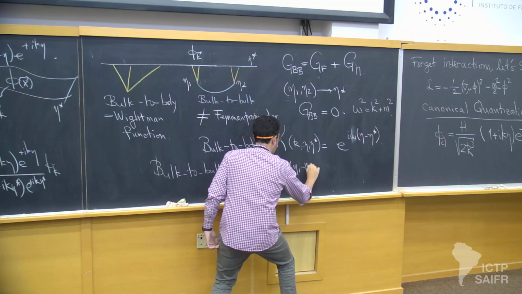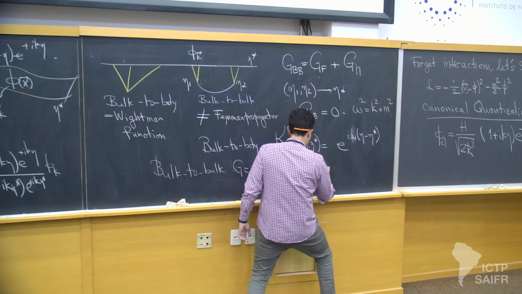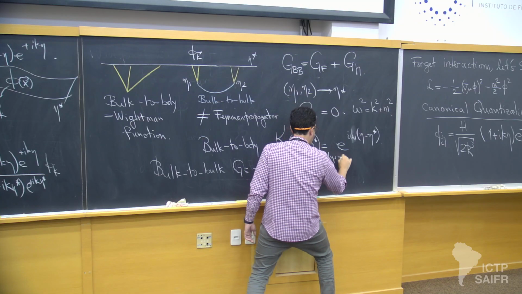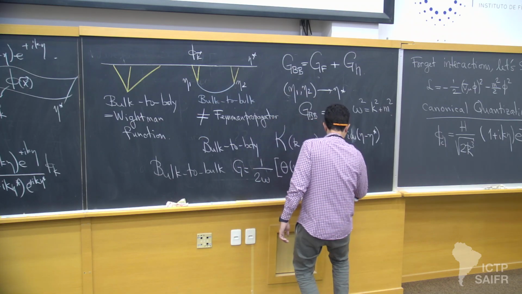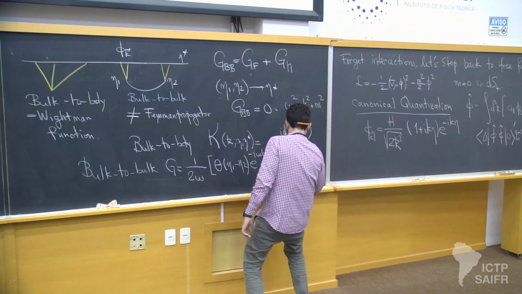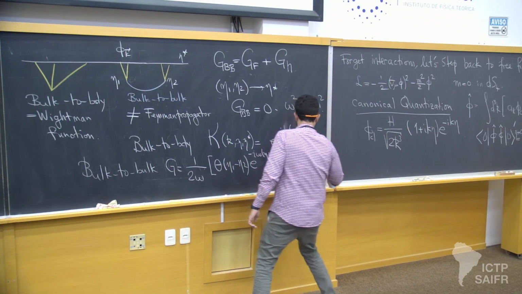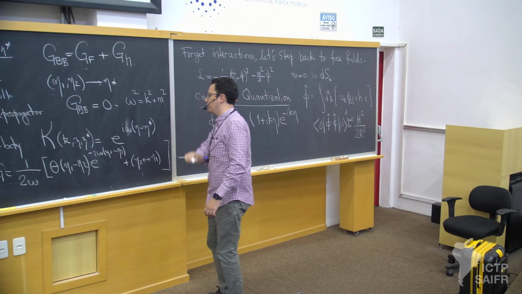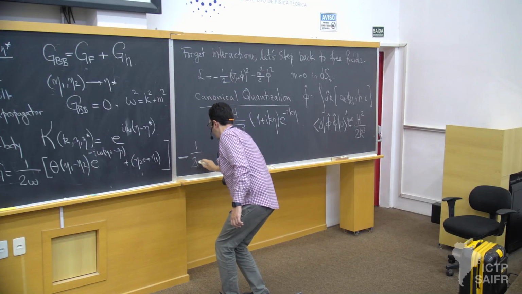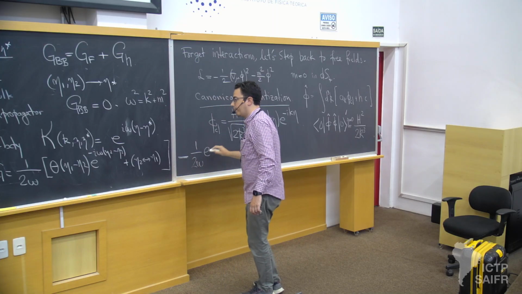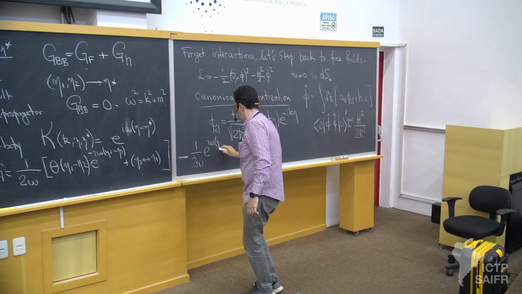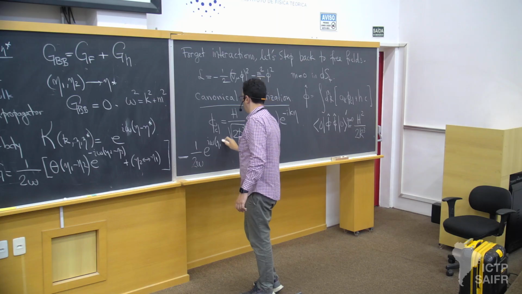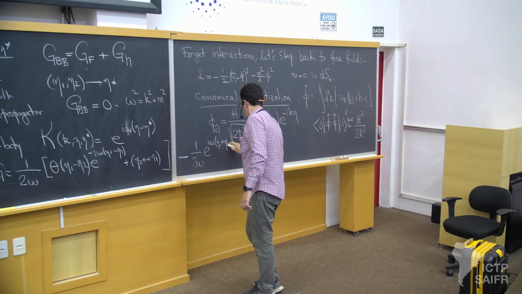This is what you learned from quantum field theory 101, your first course on quantum field theory, e to the minus I omega (eta 1 minus eta 2), plus the other time ordering, eta 2 with eta 1, minus, okay, so this closes, minus 1 over 2 omega, e to the I omega (eta 1 plus eta 2).